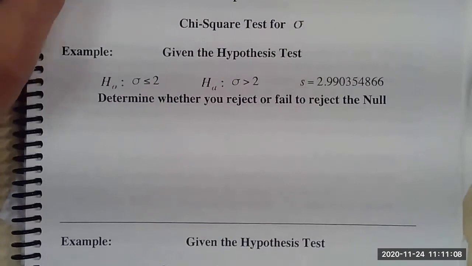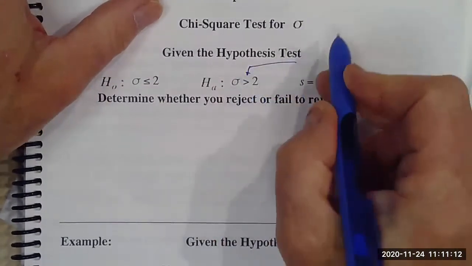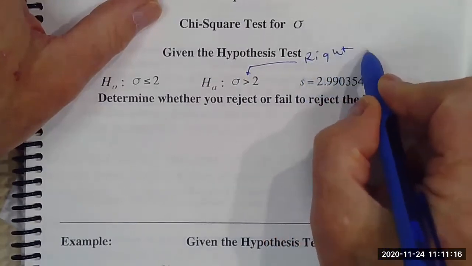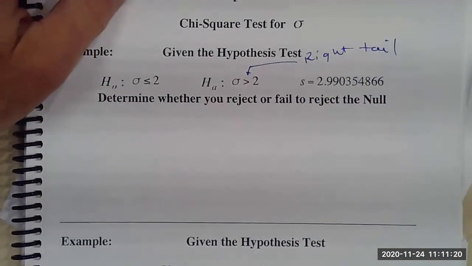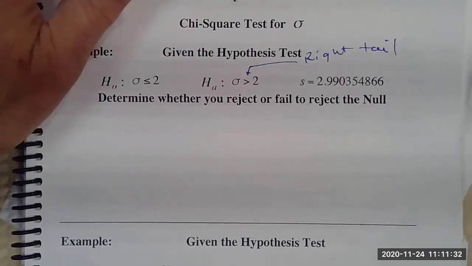Okay, let's see, determine whether we reject the null or not. All right, this is a one tail right. This is a right tail. To determine that, if I had a p-value, then an alpha, but Jeff, you're not giving an alpha. Well, okay, if you're not given an alpha, then you just use 0.05.